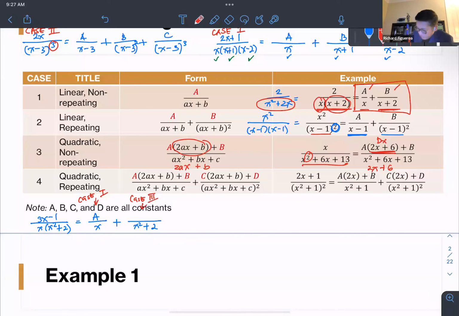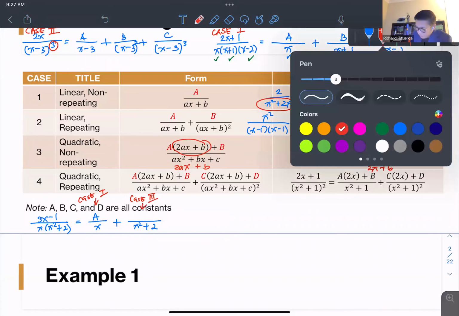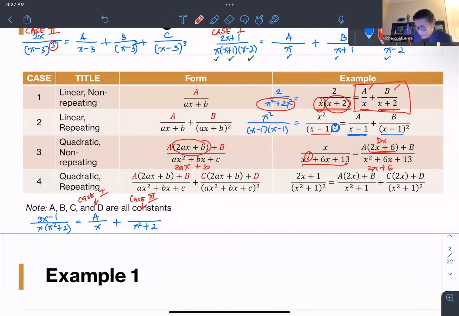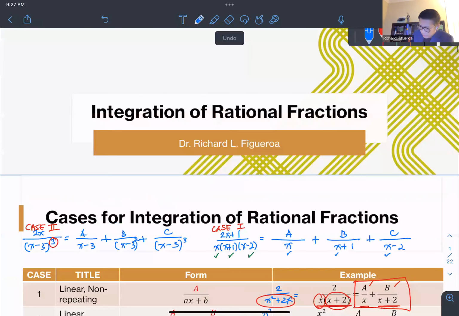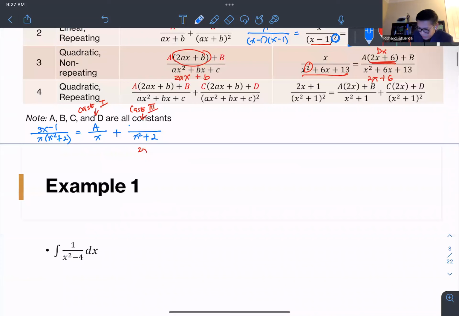So this is case 3. But then I need to find the derivative of x squared plus 2, so its derivative will be 2x. To write the numerator then, I start with A for the linear factor x, then B multiplied with the derivative of the denominator, which is 2x, plus C. So A over x plus B times the derivative of the denominator plus C, all over x squared plus 2.